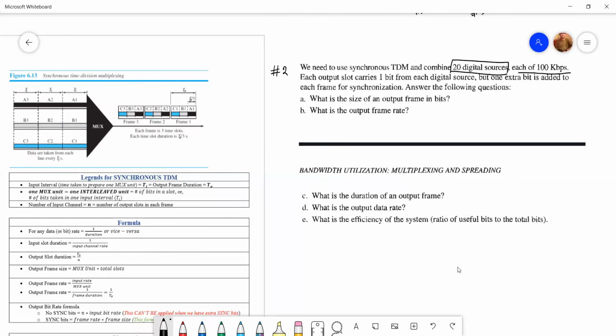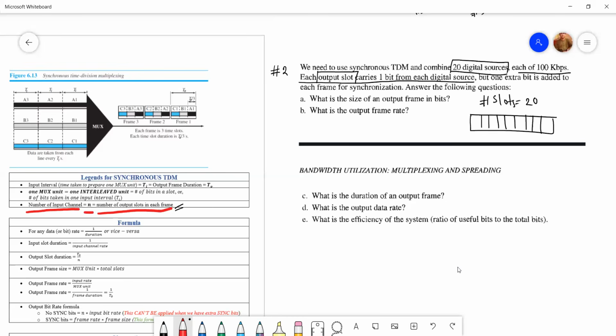Each output slot carries one bit from each digital source. So each output slot means they are talking about the output frames, and how many slots do we have? The number of slots will be 20, because in synchronous TDM, the number of input channels is equal to the number of output slots in each frame.